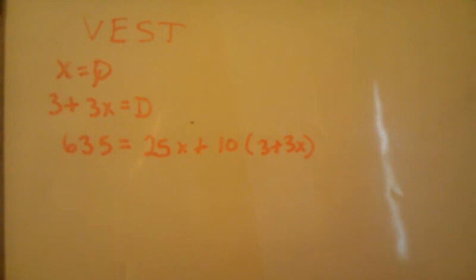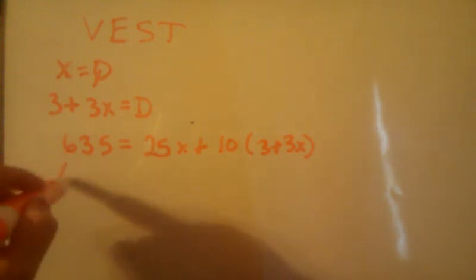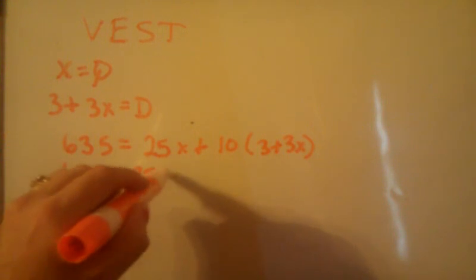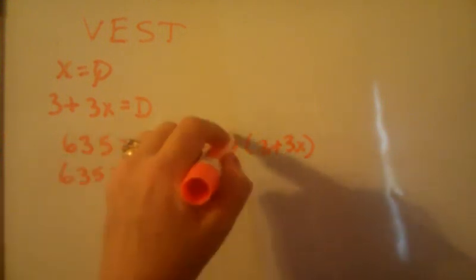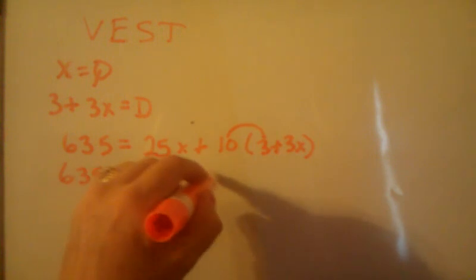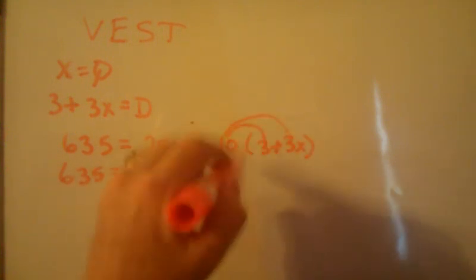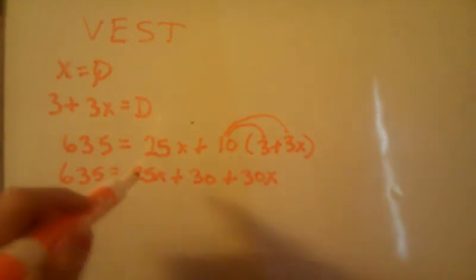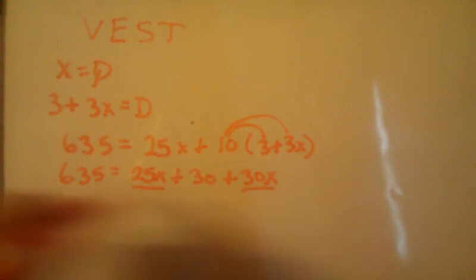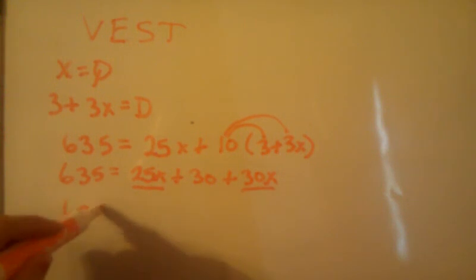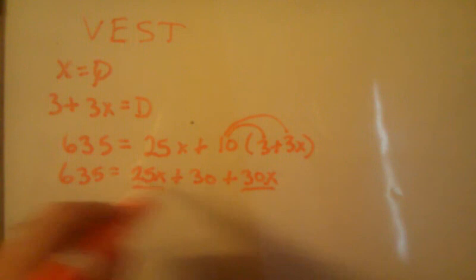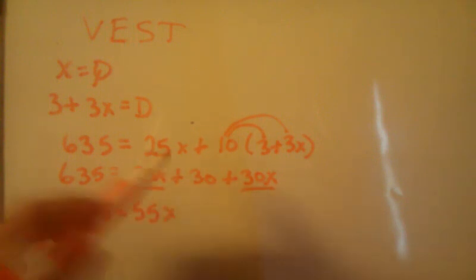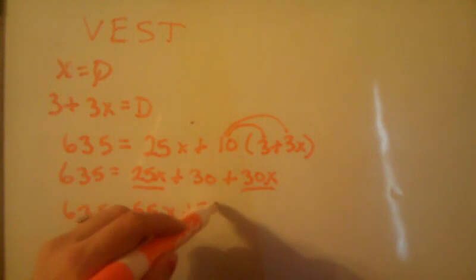Next, I need to take care of the parentheses. So I have 635 equals 25X plus 10 times 3 is 30 plus 10 times 3X is 30X. Now I need to combine like terms. So I have 635 equals 25 plus 30 is 55X plus 30.